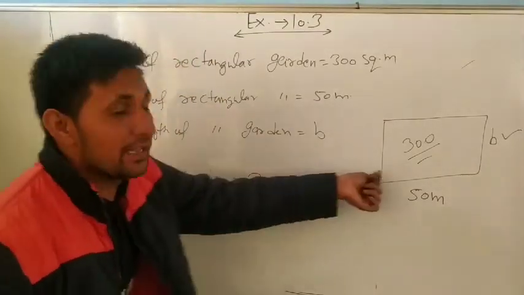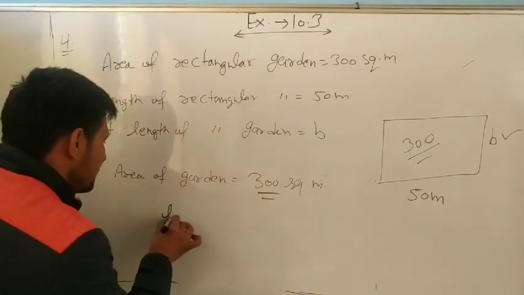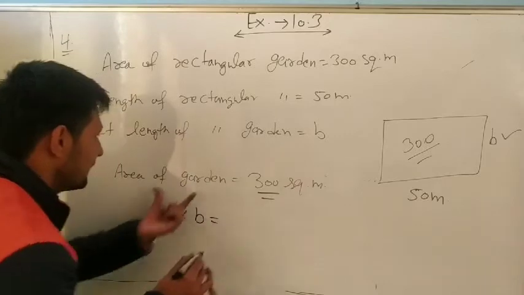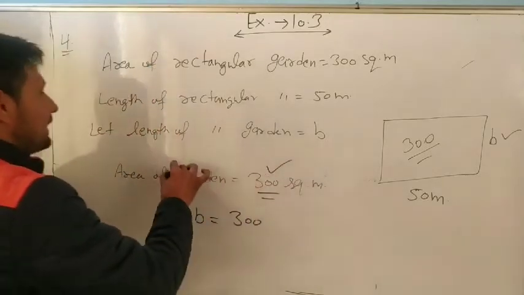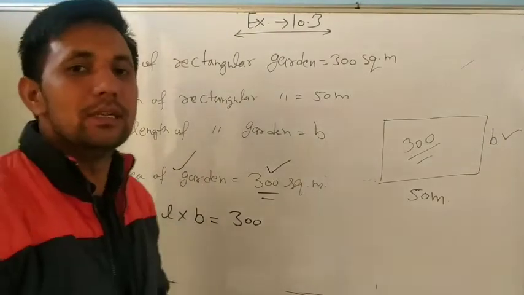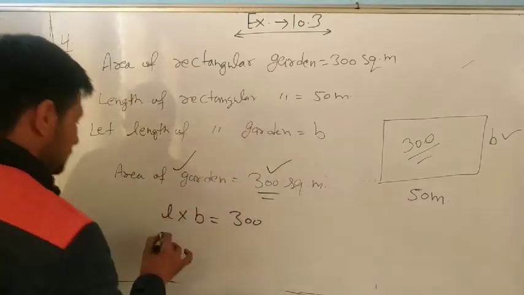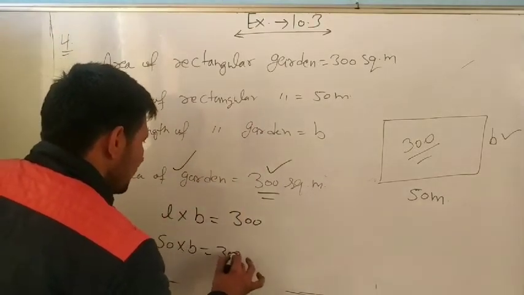A garden is a rectangle. Area of garden, length multiply breadth, is equal to 300, because L into B is also area. So length is how much given? 50 into B equals 300.